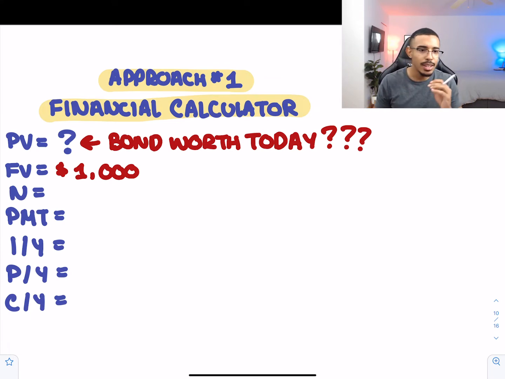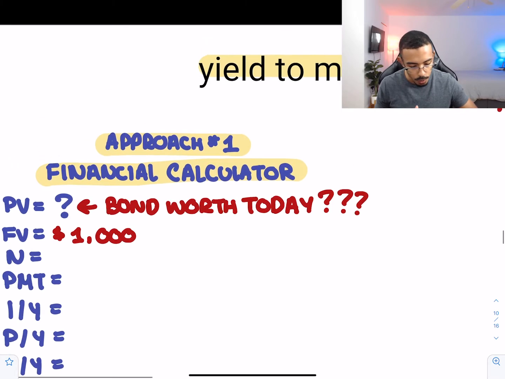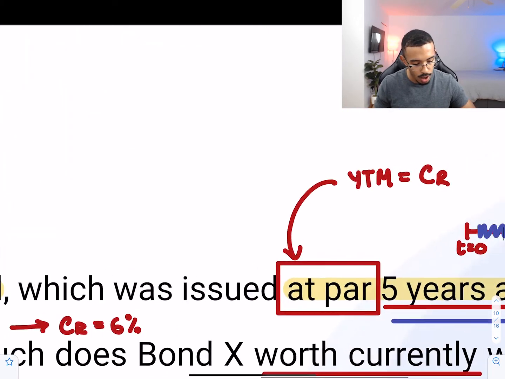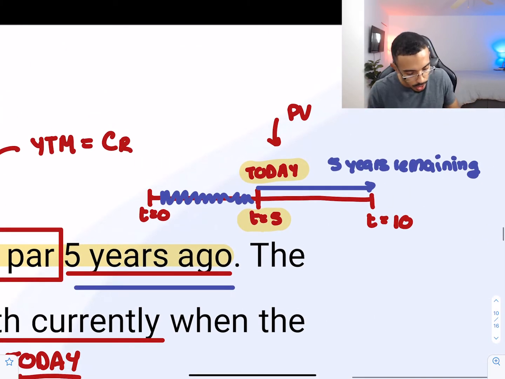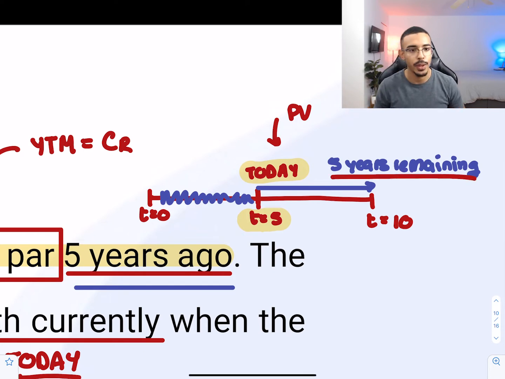Now, N is really interesting, okay? So we know, if we go back to our little illustration, that we have 5 years remaining, okay? But what I want you to remember here is that we have 5 years remaining, but we are making payments twice per year, okay?